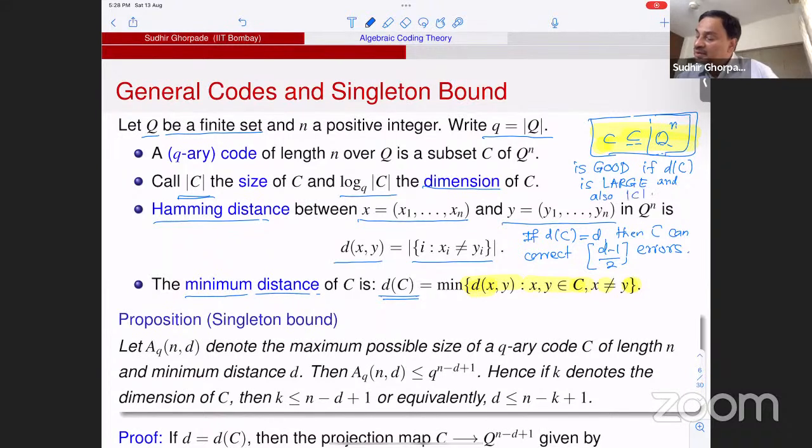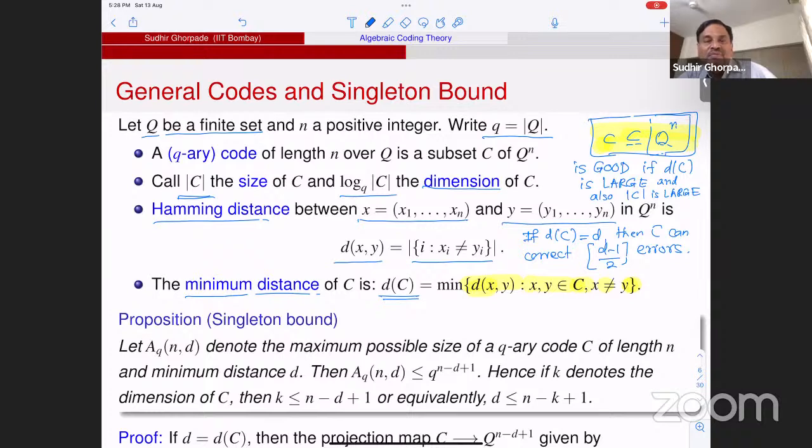the size is large, because otherwise it's possible to make d(C) large if I just make C consist of just 2 points, which differ from each other in all the coordinates.